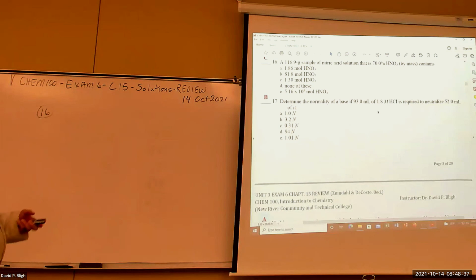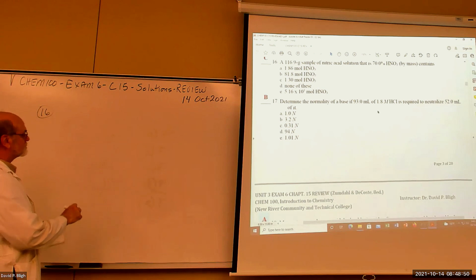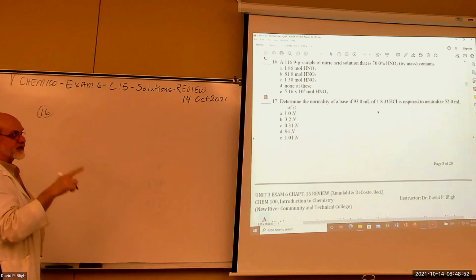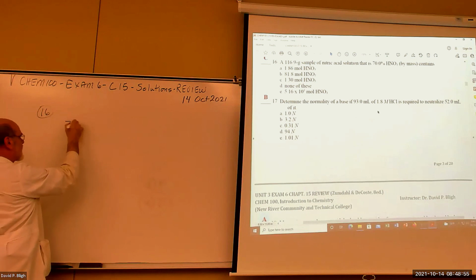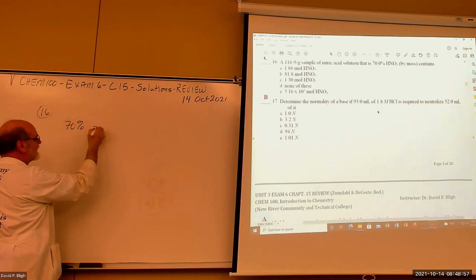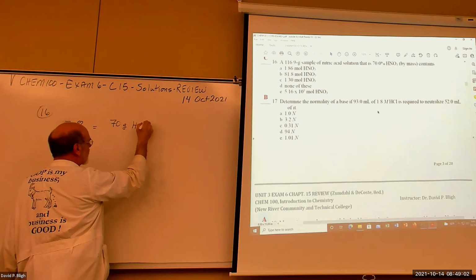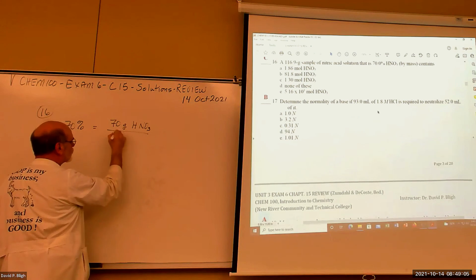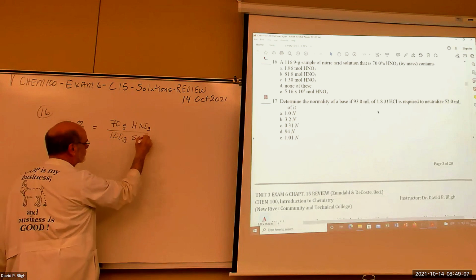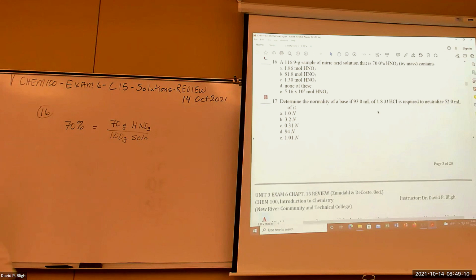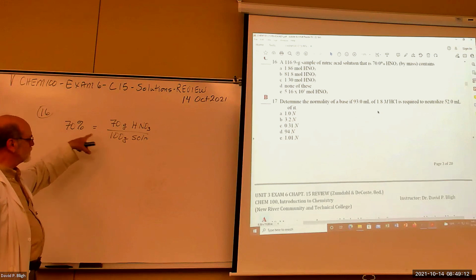A 116.9 gram sample of nitric acid solution, 70% nitric acid by mass, contains how many moles? Right. What's our definition? Mass percent. So 70% means 70 grams of nitric acid per 100 grams of solution. Parts per 100, 70 parts per 100.